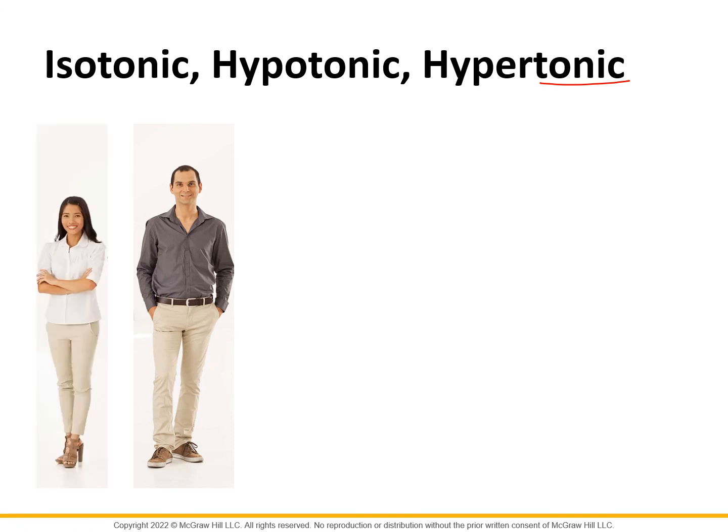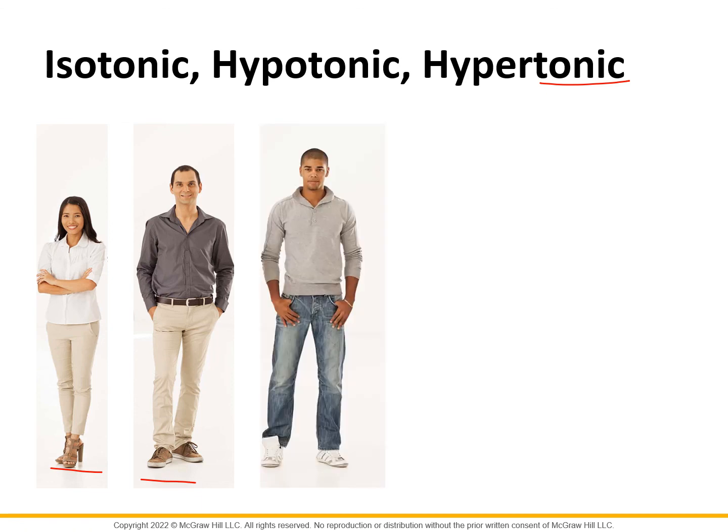So if I compare him to this woman, he is taller. That's the comparison term, comparing two people to each other. He is taller, she is shorter. But if I compare him to somebody who is taller, now he becomes shorter. So it's very important to know what you are comparing.